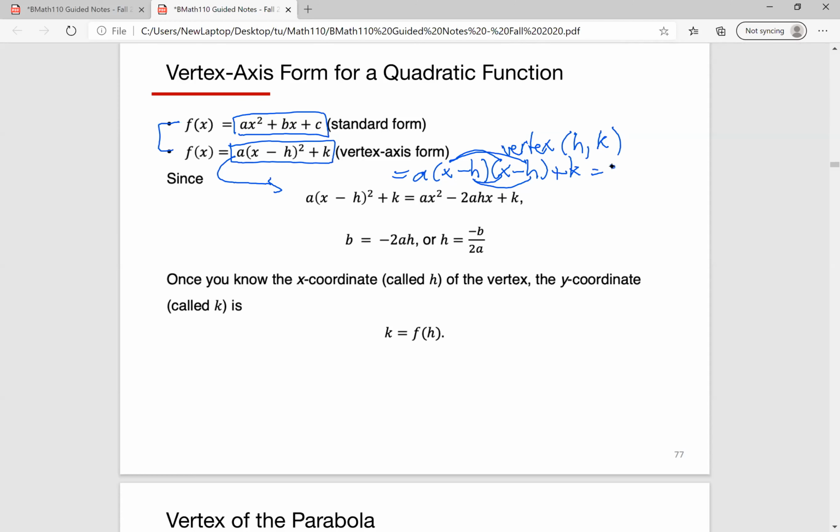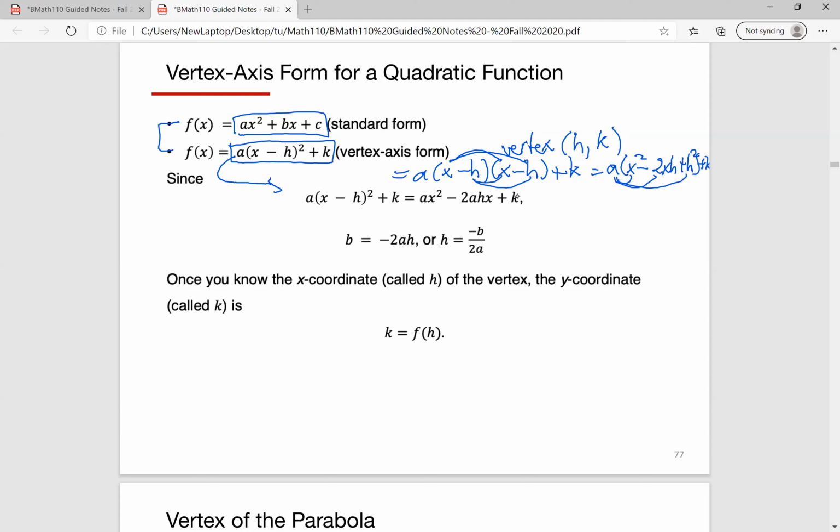You will have a times (x squared minus 2xh plus h squared), and then plus k. Then you do the distribution one more time and you will have ax squared minus 2ahx plus k, and I think the term a h squared is missing.